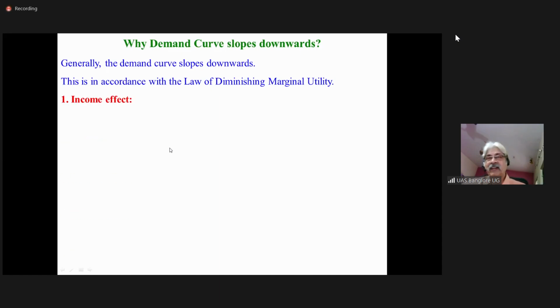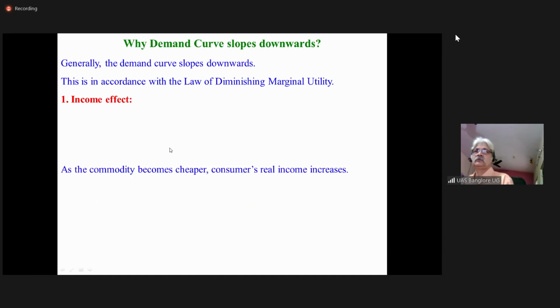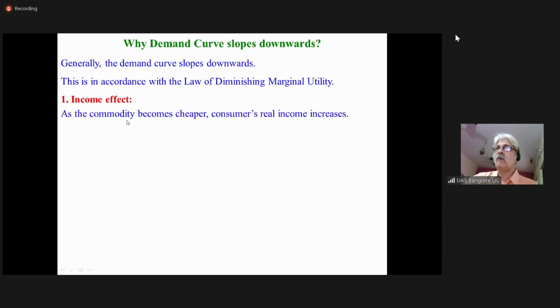There are 3 effects. The first one is the income effect. As the commodity becomes cheaper, when the prices go down, consumers' real income increases.